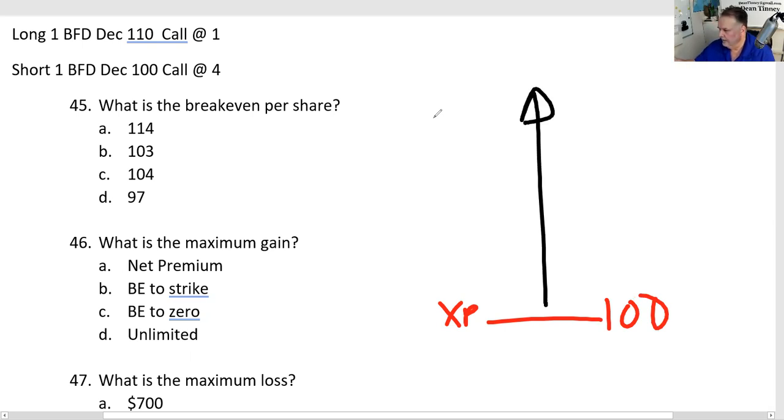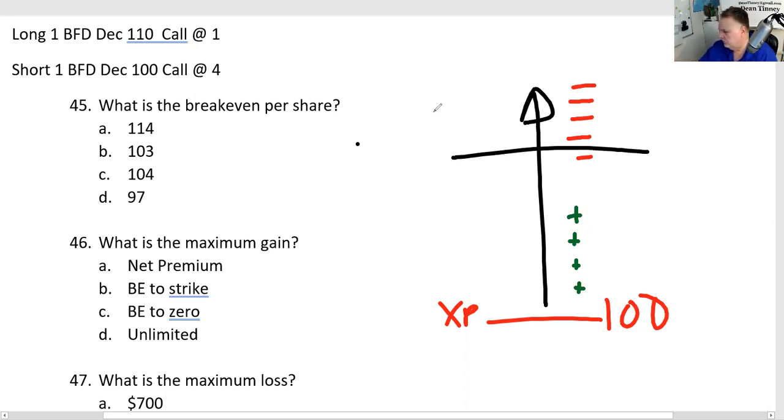I had brought in 4 points, and then my break even was 104. Past that, I started to lose money. So what I said is, I think what I'll do is take some of my money and go get myself a 110 call.